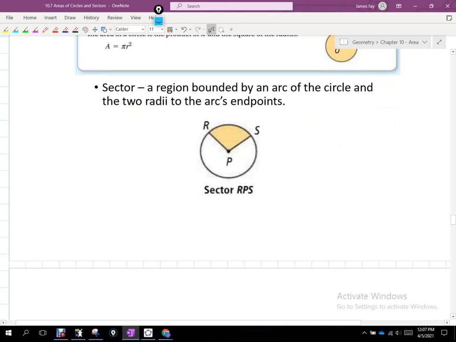Now, what we're going to be really interested in today is actually finding the area of a sector. A sector is the region bounded by 2 consecutive radii and what we call a subtended arc. The arc is referred to as a subtended arc, meaning that it's just the arc that encloses our central angle.